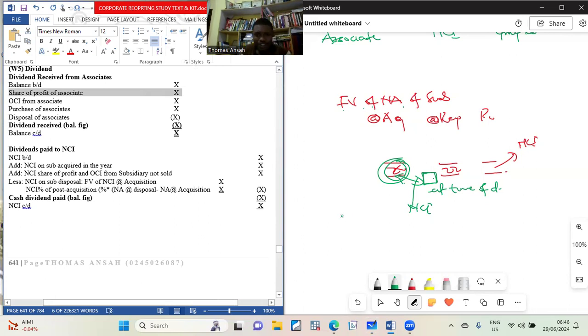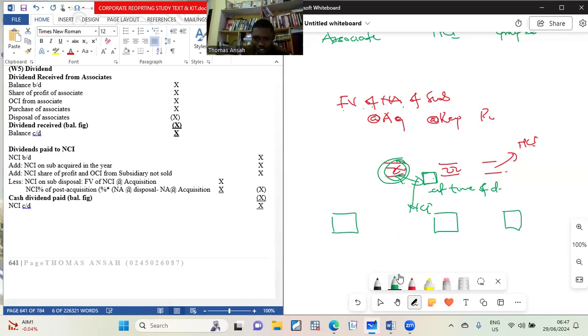And again, when there is a step acquisition, you have this one at acquisition, then at reporting, then post-acquisition. So when there is a step acquisition, it means that in between this time and the reporting date, there was a step acquisition. So you share from this side using the percentages they had before.